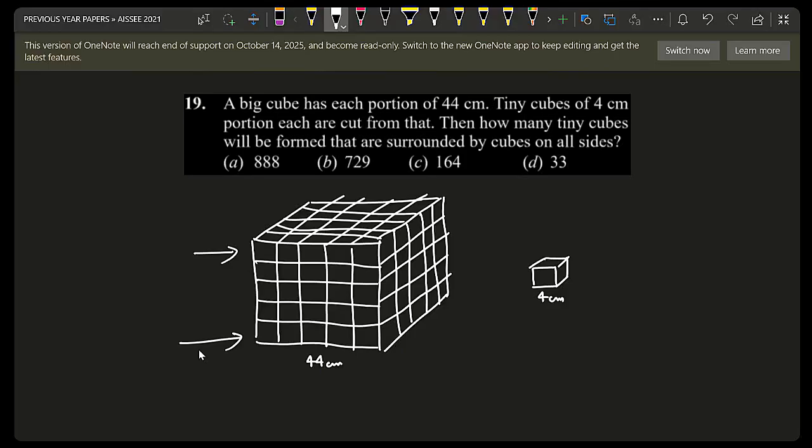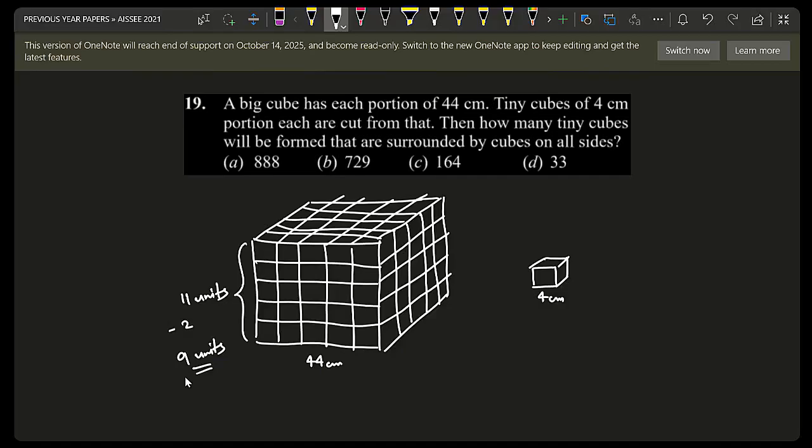First of all, how many units are there on one side? 44 centimeters divided by 4, 11 units. From these 11 units, I am deleting 2 units, because the top layer and bottom layer are deleted. So 11 minus 2, 9 units will be left.